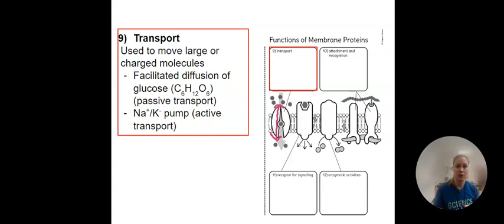They can be used in facilitated diffusion, but they can also be used in active transport. It just depends on whether the molecule is moving with the concentration gradient or against the concentration gradient. If we're moving with the concentration gradient, that would be facilitated diffusion. If we're moving against the concentration gradient, that is active transport.